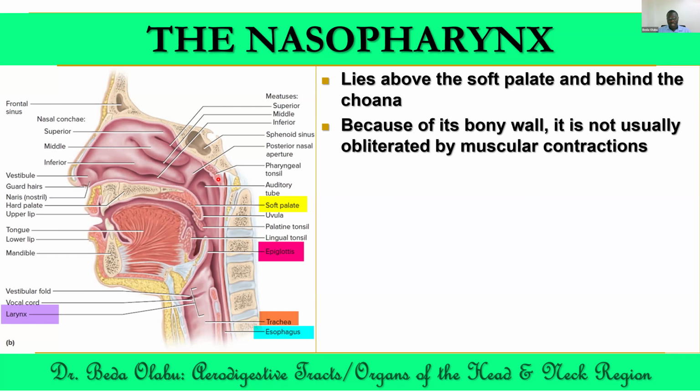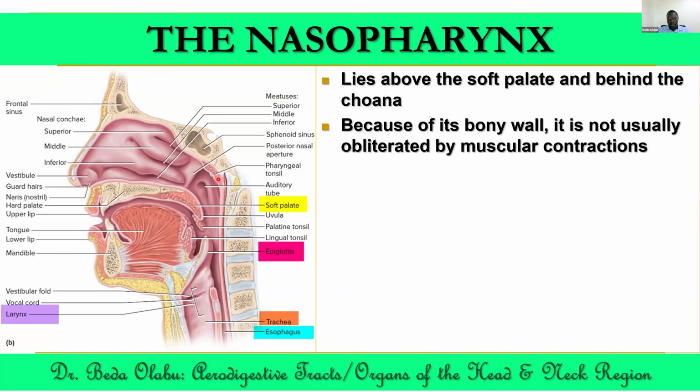it is difficult for the nasopharynx to be constricted because of muscle contractions, unlike what happens in the oropharynx and laryngopharynx, where the lumen of the pharynx can be obliterated depending on the tone of the musculature in these regions.